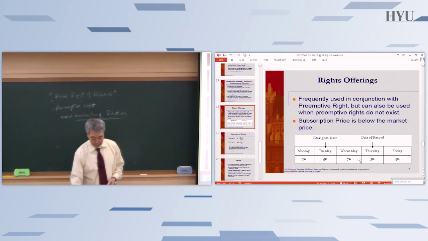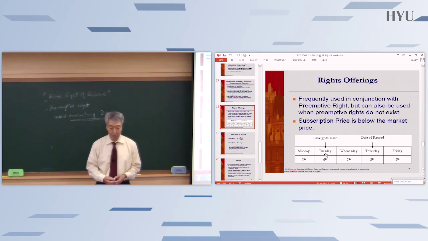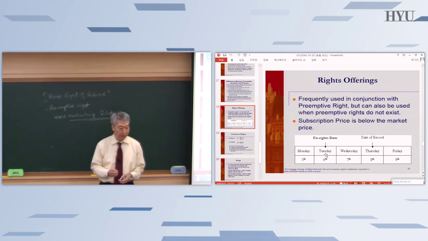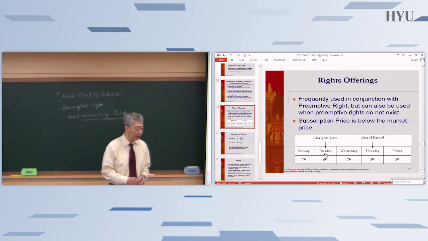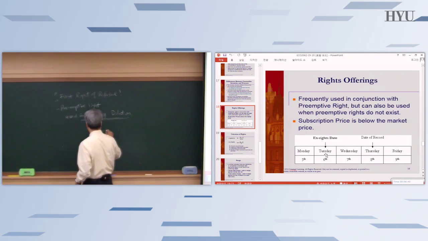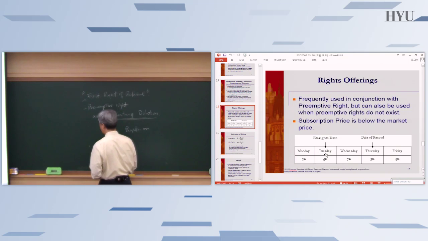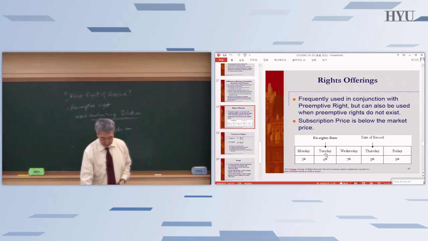So you have to purchase this particular stock by the 6th, two days before the date of record. Once the company announces the new issue of the right, the stock price is called the rights-on price, and the rights-on price will continue until the ex-rights date, the 6th.